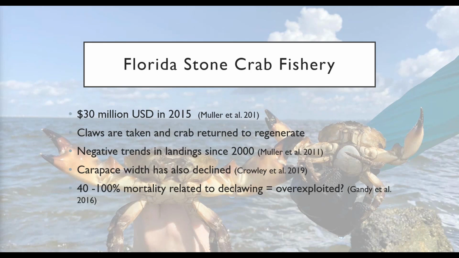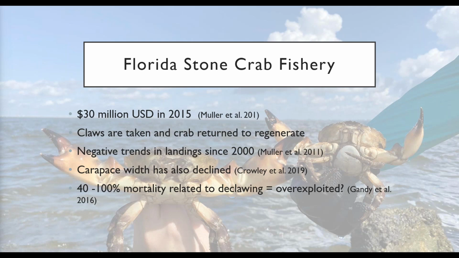The animal of interest in this study was the Florida stone crab, which, as Dr. Gravinese had mentioned, is an economically important fishery in the state of Florida. In the year 2015, it brought in about $30 million, and as he described, the claws are taken from these crabs and they're returned to the water to regenerate after a certain amount of time.